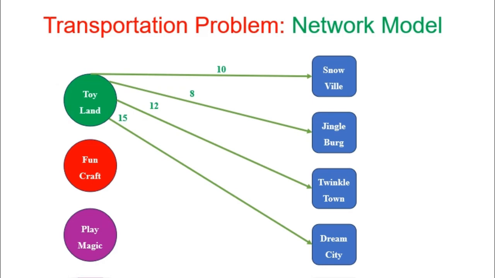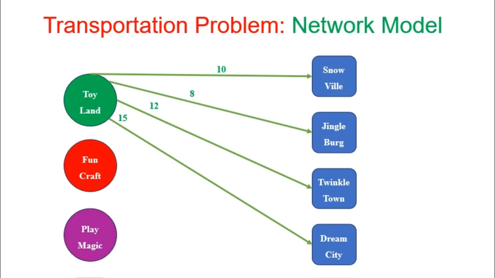The green values on these lines, the arrows from Toyland to these four different cities, represent the cost of delivering one toy from Toyland to the respective cities.